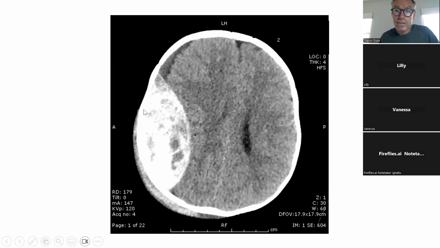And you can see that it's a large extradural hematoma, and that's putting pressure on the right side of his brain. And he's got what we call mass effect, which is applying pressure on the right side of his brain, and it's compressing it to the left.